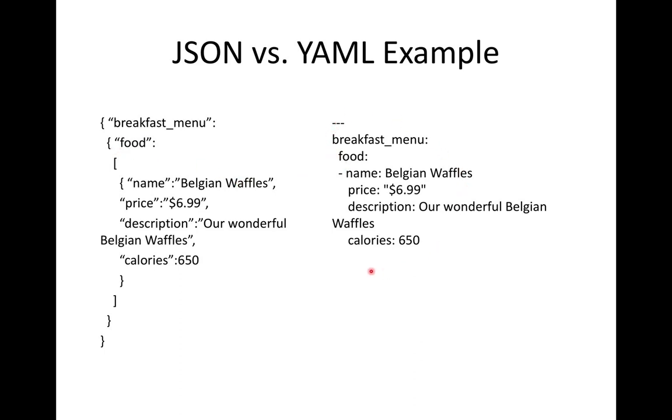YAML, on the other hand, this indentation and white space is absolutely critical. And if we were to change the spacing of this indentation and these lines, we would actually change the object. We would change the data, in a sense, and the way that it's being interpreted by our application.